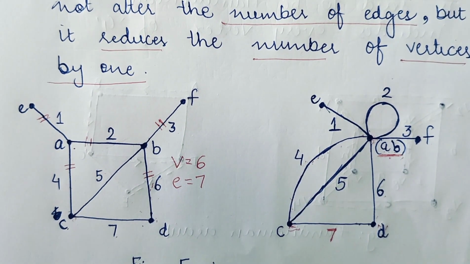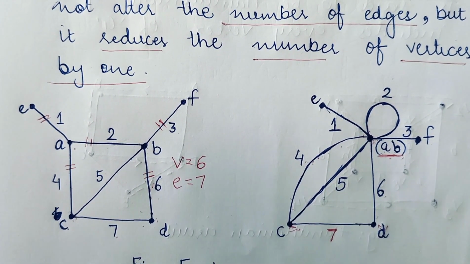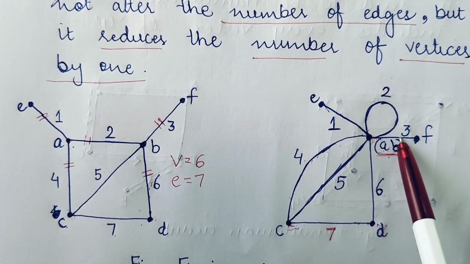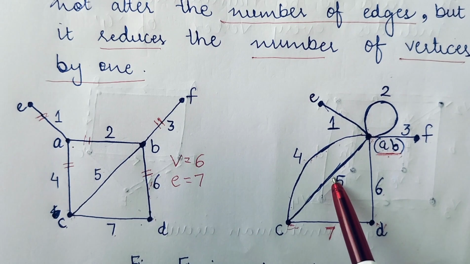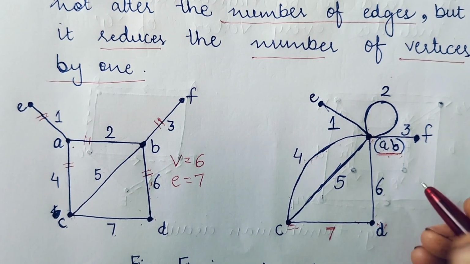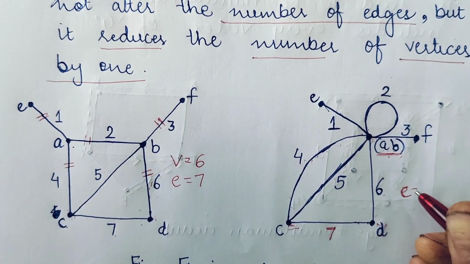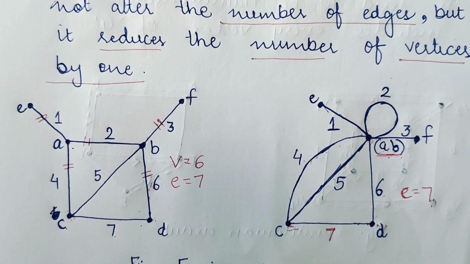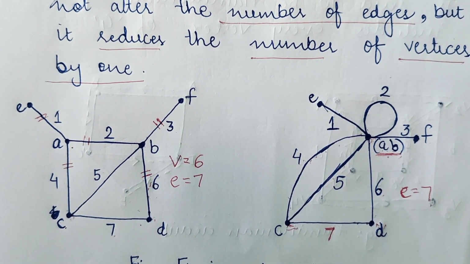So you can clearly see that even after the fusion, the incidence of edges and vertices is preserved. Now let's see whether the number of edges has been altered or not. Here you have edge 1, 2, 3, 4, 5, 6, 7. That means in total, how many edges do you have in the new graph? Even in the new graph, the number of edges remains the same, that is 7.